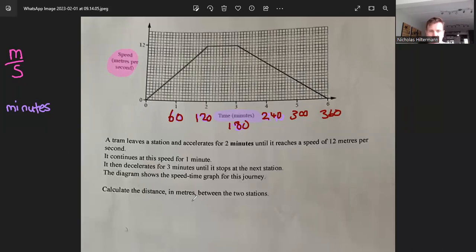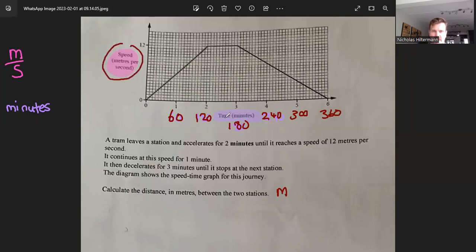Okay, now they want us to calculate the distance in meters between the stations. So I'm going to show you a little trick here. When you look at these types of graphs, we want the distance. Now, distance is in meters, and I have my seconds over here. With a speed time graph, to find the distance, it's actually the area under the graph. But I'm going to show you this trick of looking at the units.